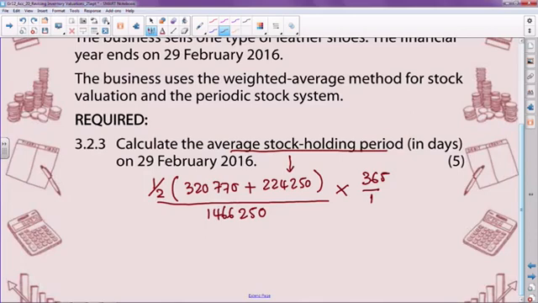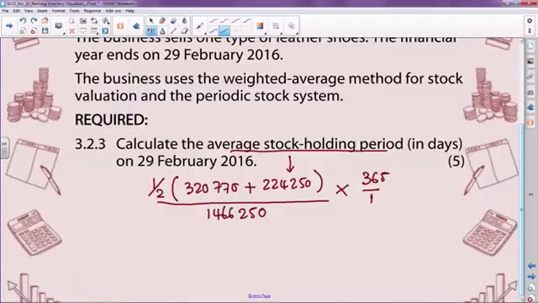Certainly you would. Why? Because it's a carried-forward mark. It's a calculation that you had done prior to this, and whatever answer you got there, if you use that in this calculation, you would get the mark. The same applies to this cost of sales that you have here. If we do this calculation, we're going to get an answer. Let's do our calculation.